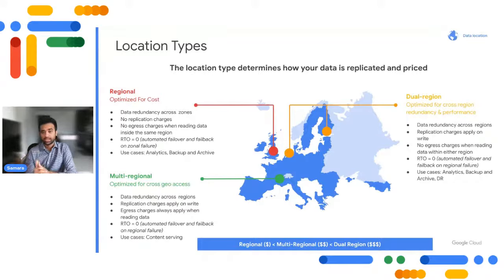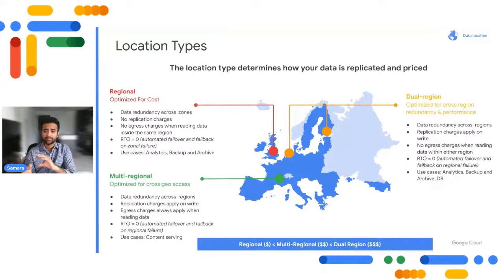With this location type, you will be guarded against any kind of regional failure because the data is replicated across regions, right? And it is also a great location type if you have geo-distributed users to whom you are serving content, and high availability is your prime requirement.